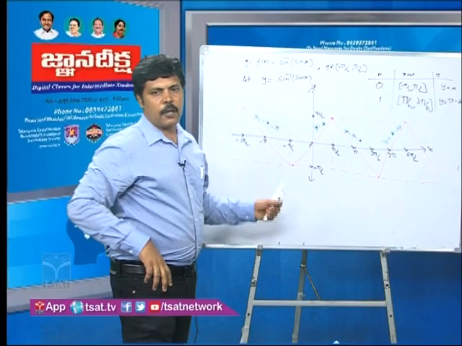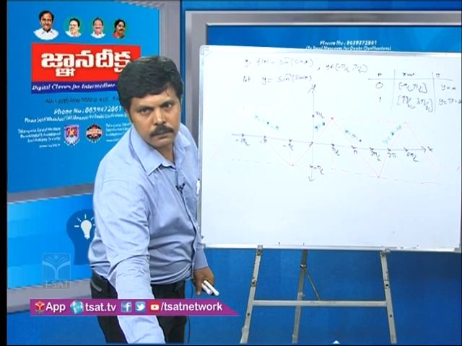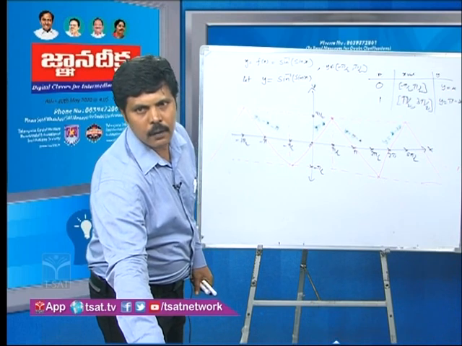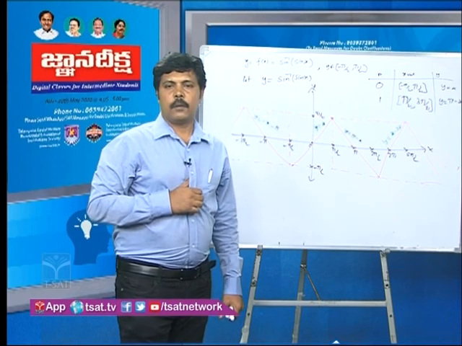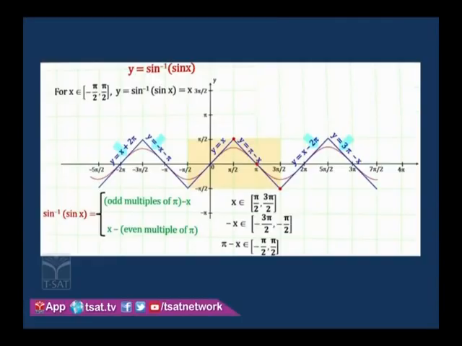By using this graph of sin inverse of sin x, we see that y = sin inverse of sin x lies between -pi/2 and pi/2. For x belonging to -pi/2 to pi/2, sin inverse of sin x is equal to x.